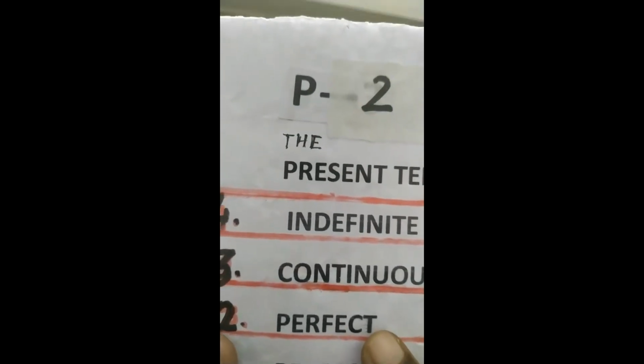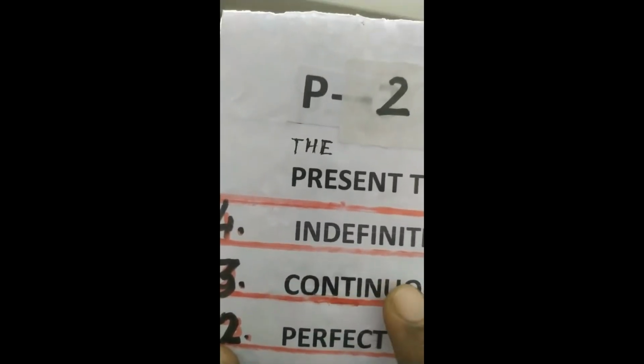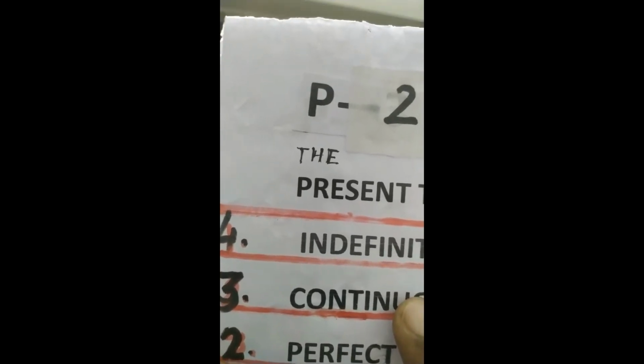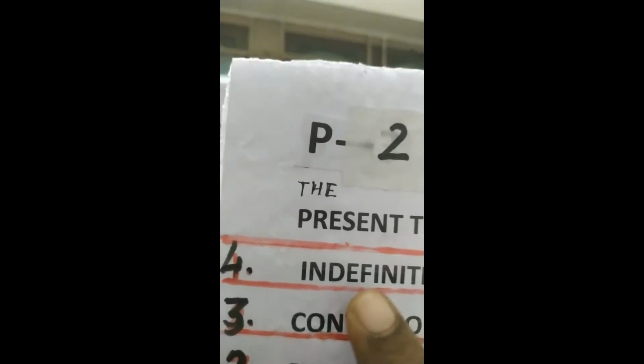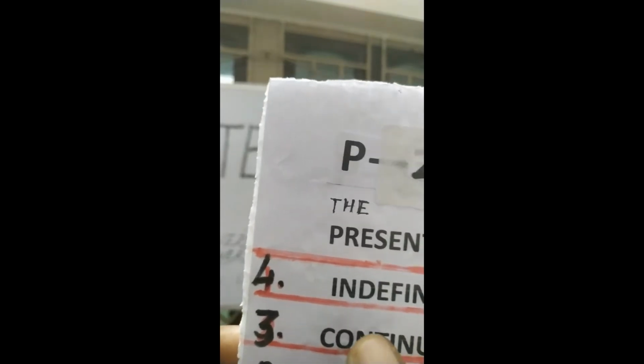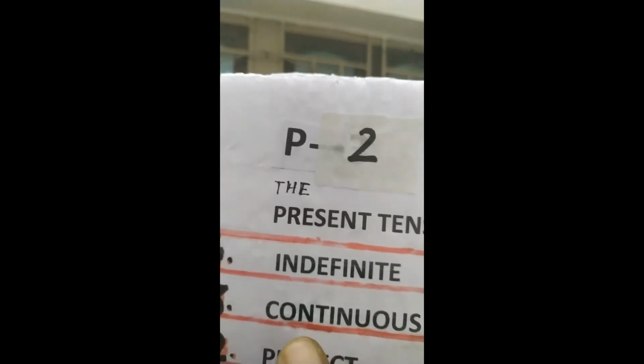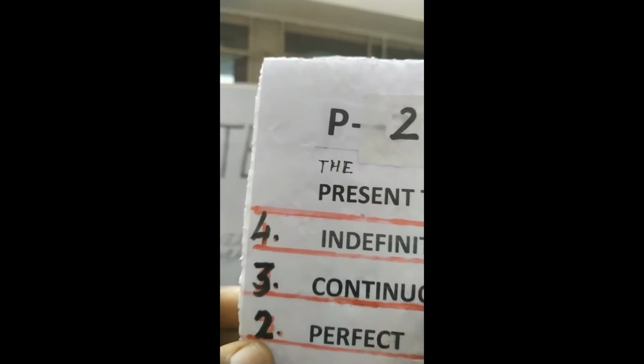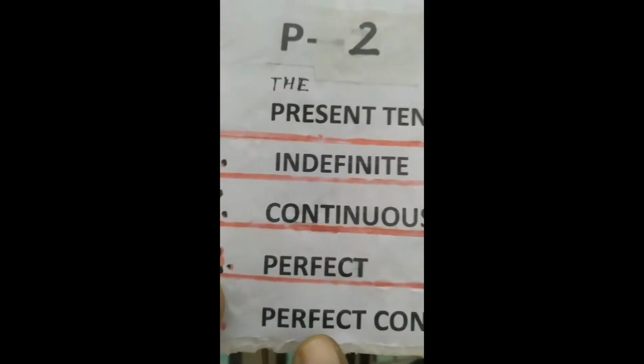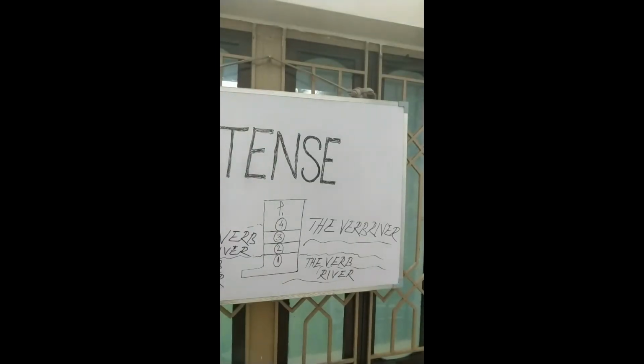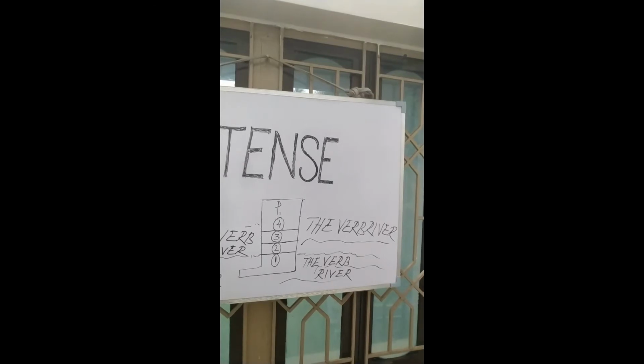The third part is the continuous part, and the fourth or the last part is the indefinite part. Okay. If I say it in reverse order, what will be the names of the parts? The indefinite, the continuous, the perfect, the perfect continuous.